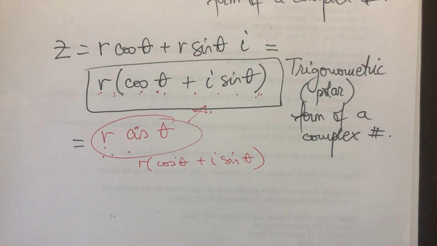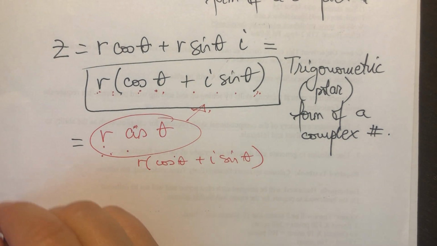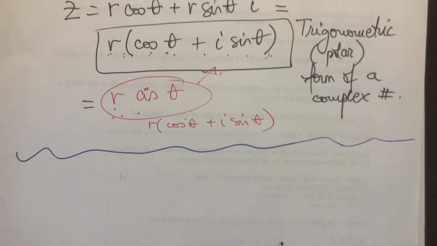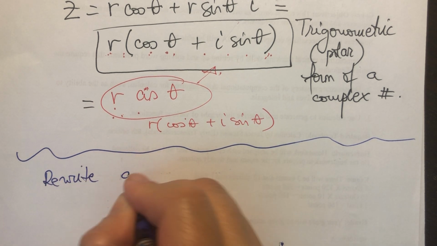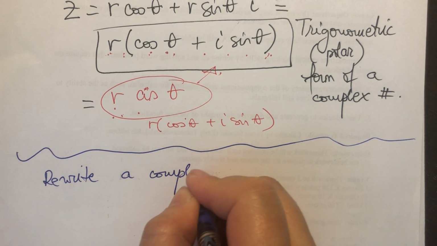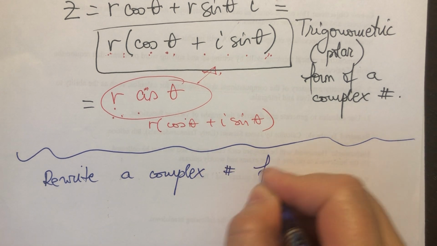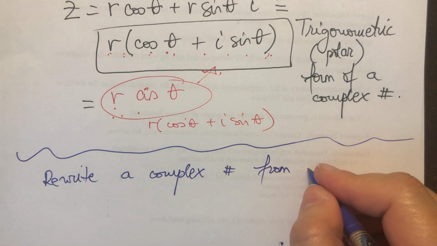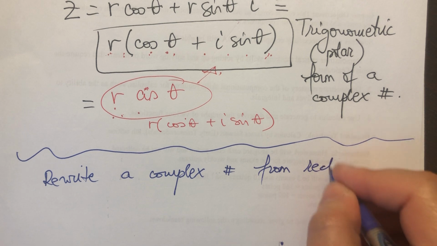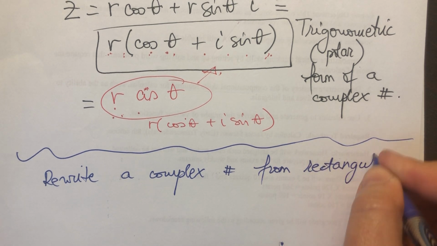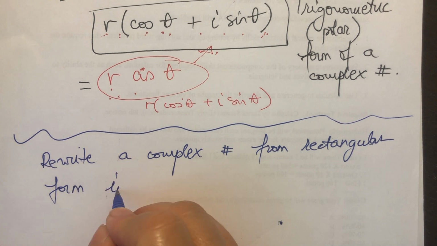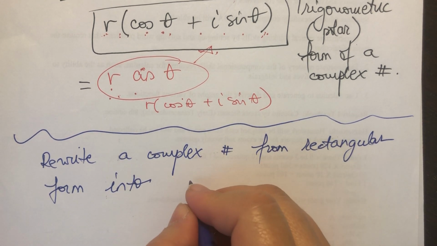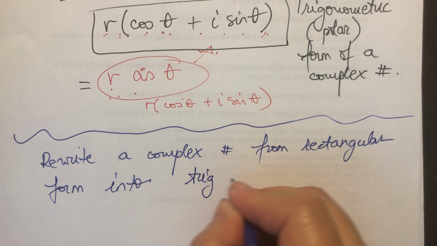Same as we did in the last section, what we want to do is practice rewriting a complex number from rectangular form or standard form into trigonometric form.